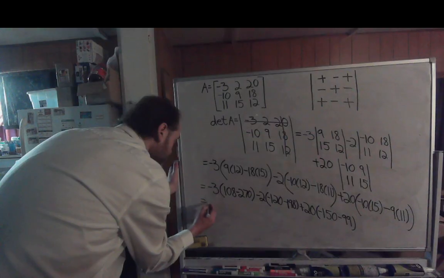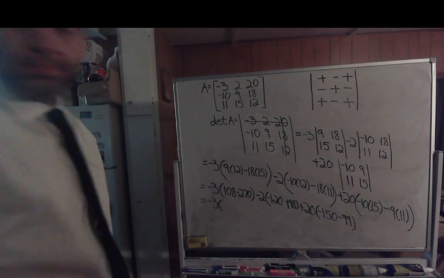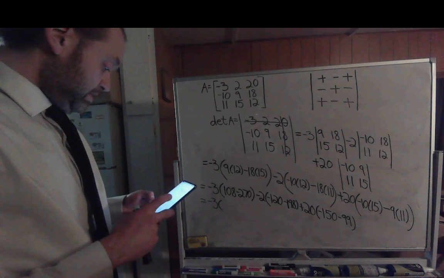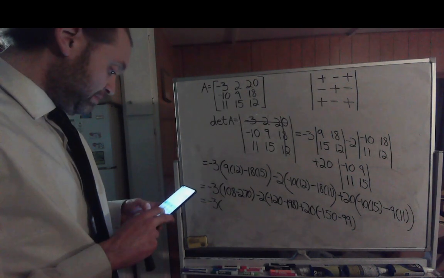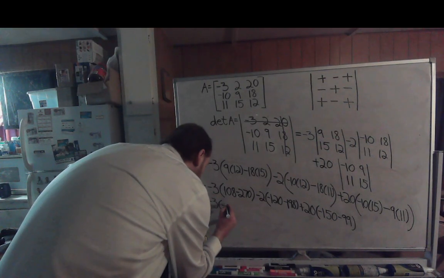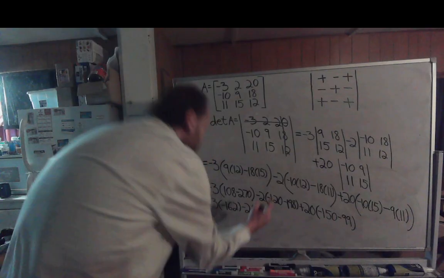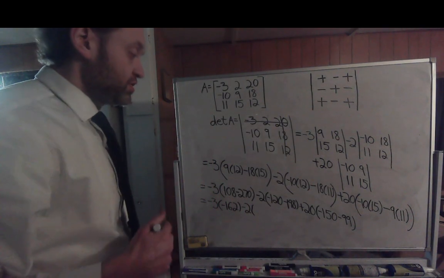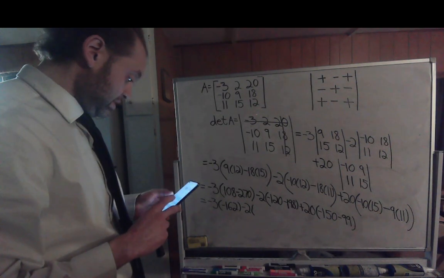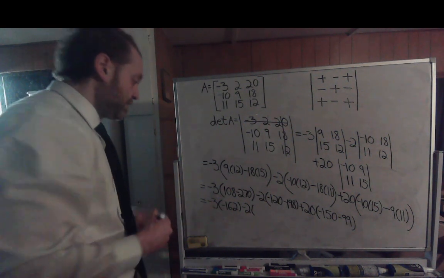Which will end up giving you, let's see, negative 3 times... Alright, 108 minus 270 is negative 162. Minus 2 times what's inside of here, negative 120 minus 198, negative 318.